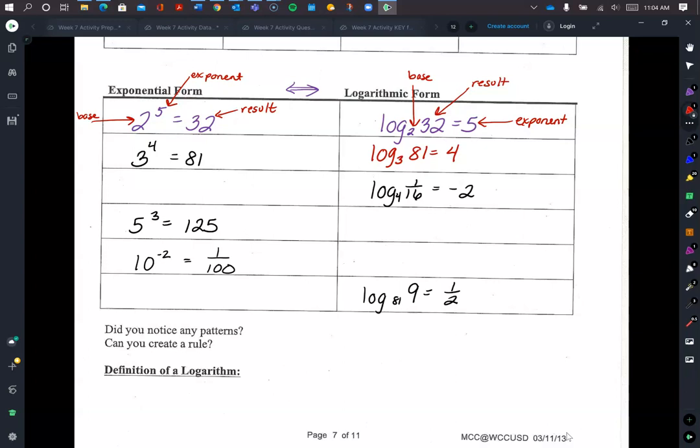So I'm going to write that down first. That would be 4. And then my exponent is the -2. And then my result is 1/16. And this is usually how we want to go, given the log, put it in exponent form so that if there's some part missing, we can find that value.